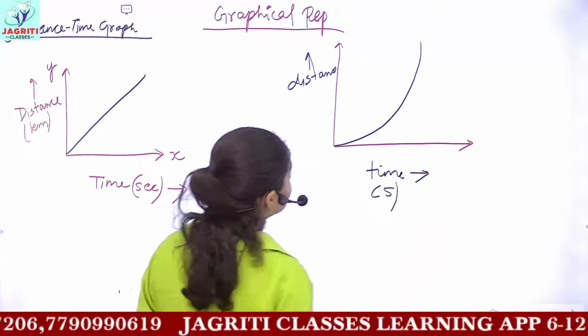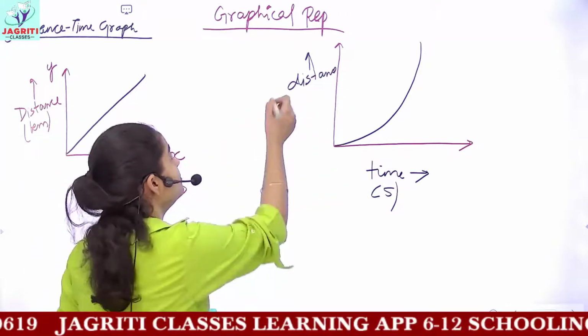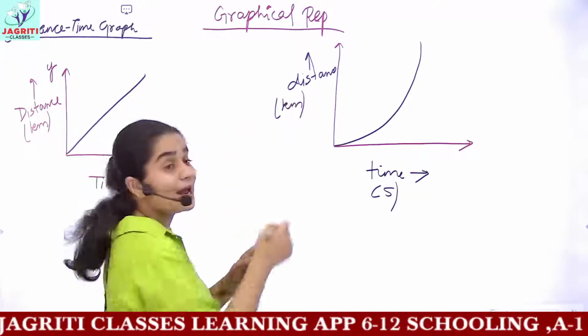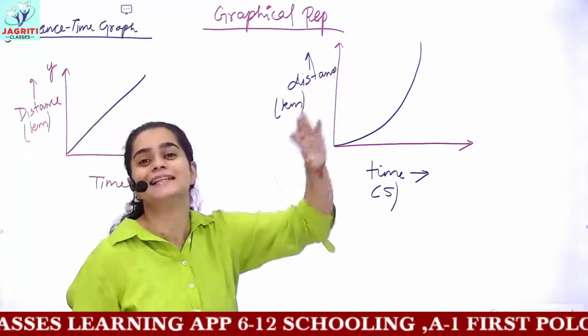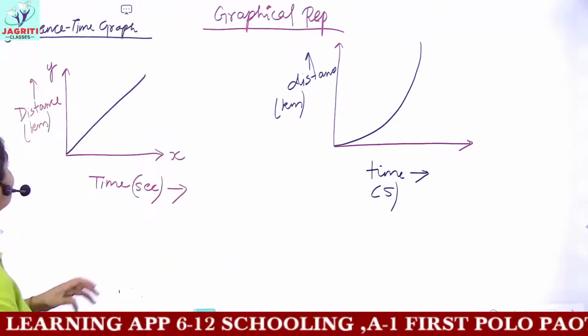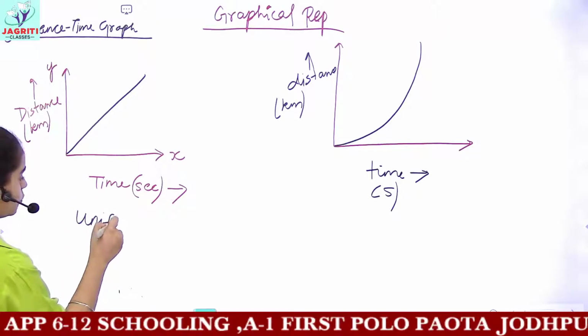Remember to write on the axis what you have. You are plotting distance against time, and please remember to write their units also, in whatever units you are measuring or making the graph. So this type of distance time graph is for uniform motion.